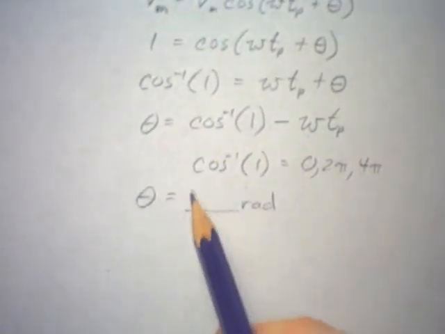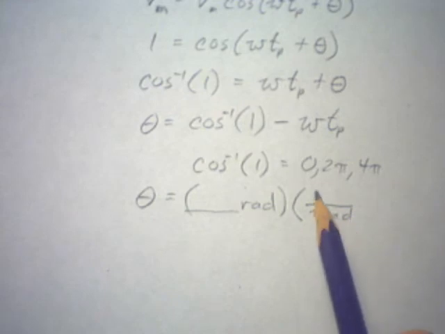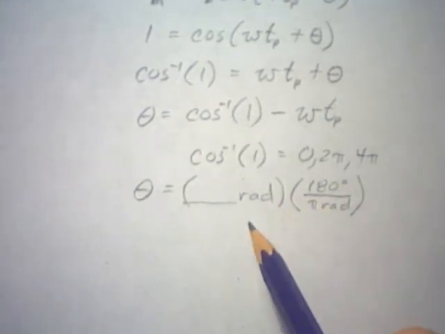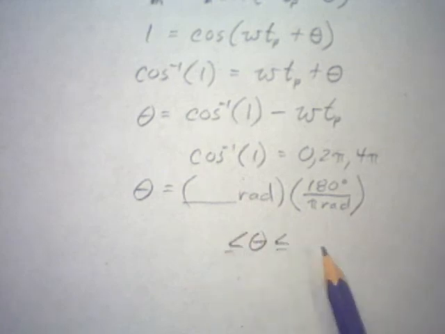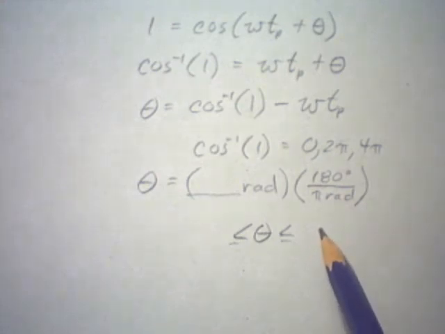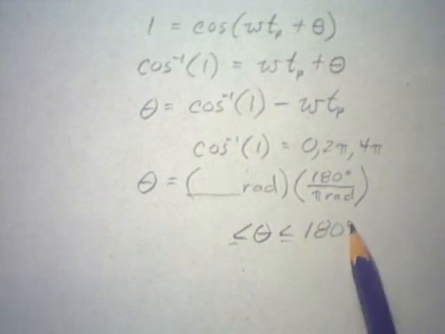Let's go ahead and convert that over to degrees once you get an answer using pi radians equals 180 degrees. And just make sure, let's decide this as a class, that the theta values that we should have, I think, are less than 180 degrees.